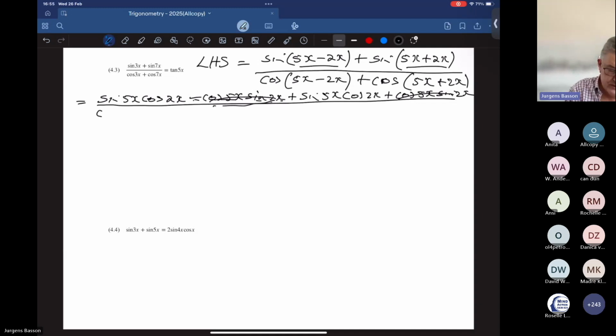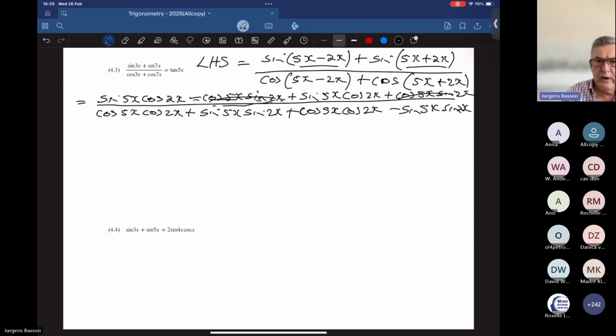That will be cos cos plus sine sine, and it is cos cos again, and that is 2x. If you look at this negative one, just look for the positive one that's the same, and it's this one and that one.